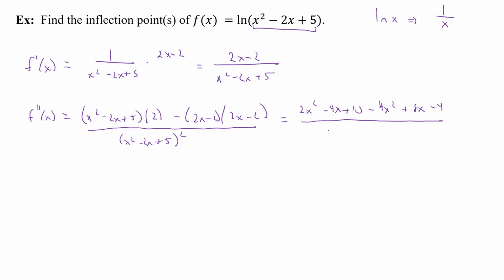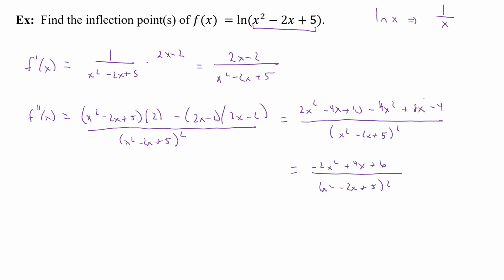I'm just going to leave the bottom as x squared minus 2x plus 5 squared. Simplifying up here, that's minus 4 plus 2, so minus 2x squared. We have 8 minus 4, so plus 4x, and 10 minus 4, so plus 6, all over x squared minus 2x plus 5 squared.